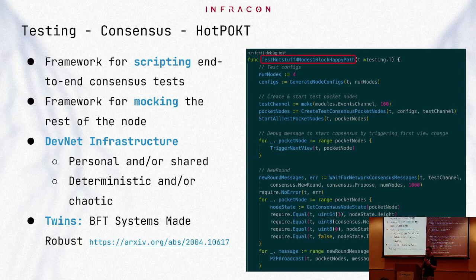Now, one of the other things that I'm really excited about, that was brought up by one of our recent engineers, is this idea of DevNet. Everyone's heard of testnets and DevNets, but imagine that you can create your own DevNet where you deploy 4 nodes or 10 nodes with your own code, and then some other developer could also deploy 4 nodes or 10 nodes with their own code. But then what if we start having a shared DevNet where we all deploy in our own tags without coordinating with each other?